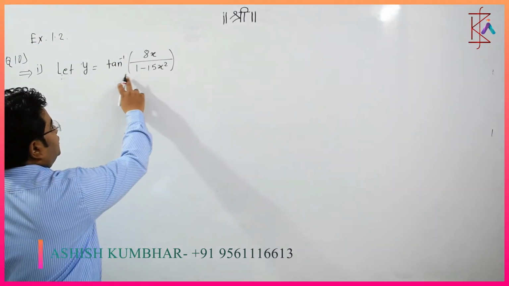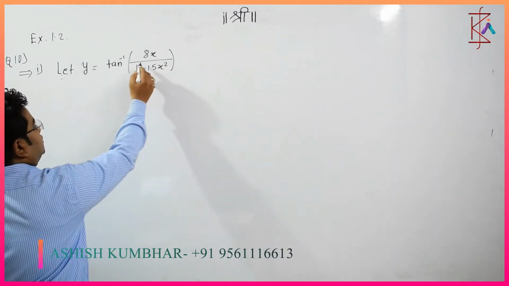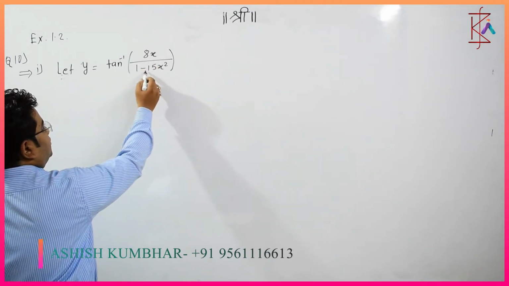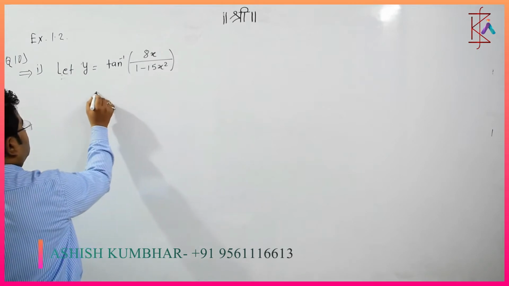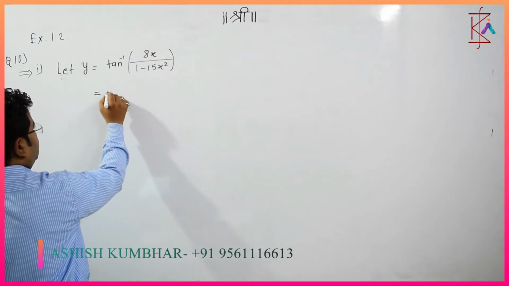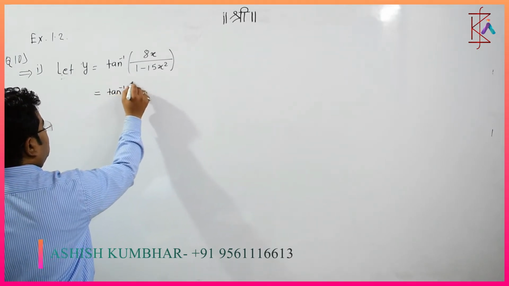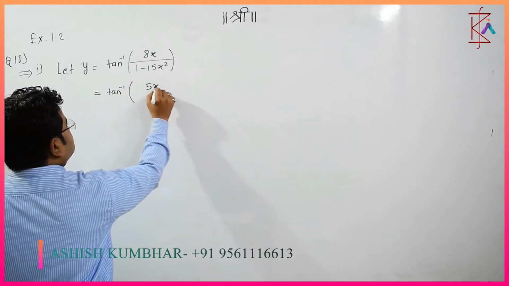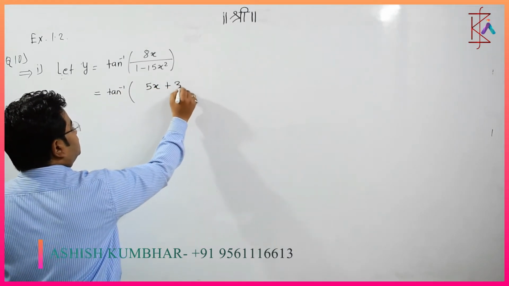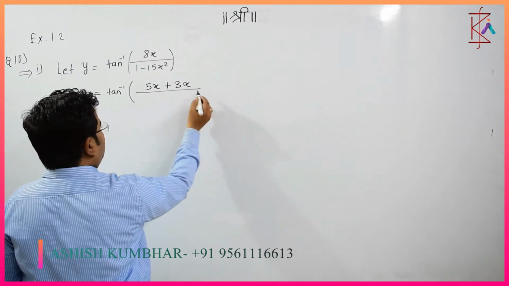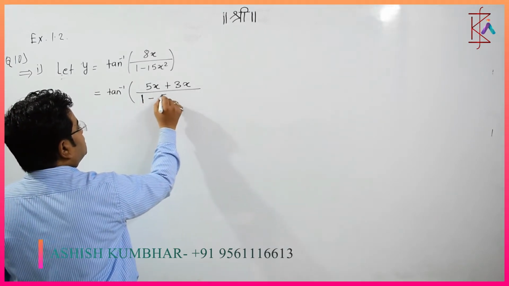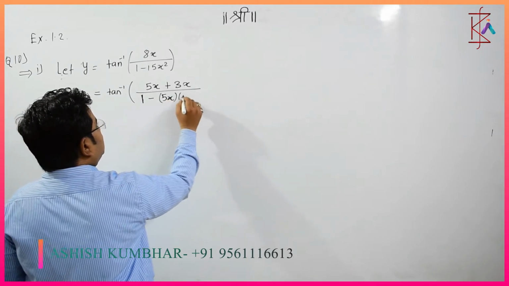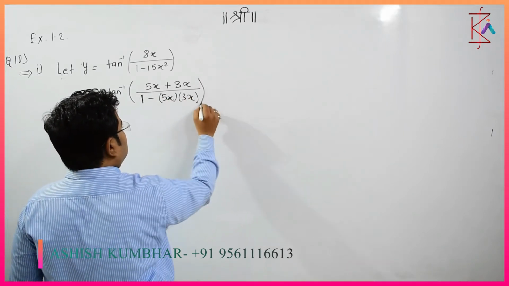Now within this case, tan inverse of 8x divided by 1 minus 15x square, we can see one important thing. What is that? Tan inverse of 5x plus 3x divided by 1 minus 5x into 3x.